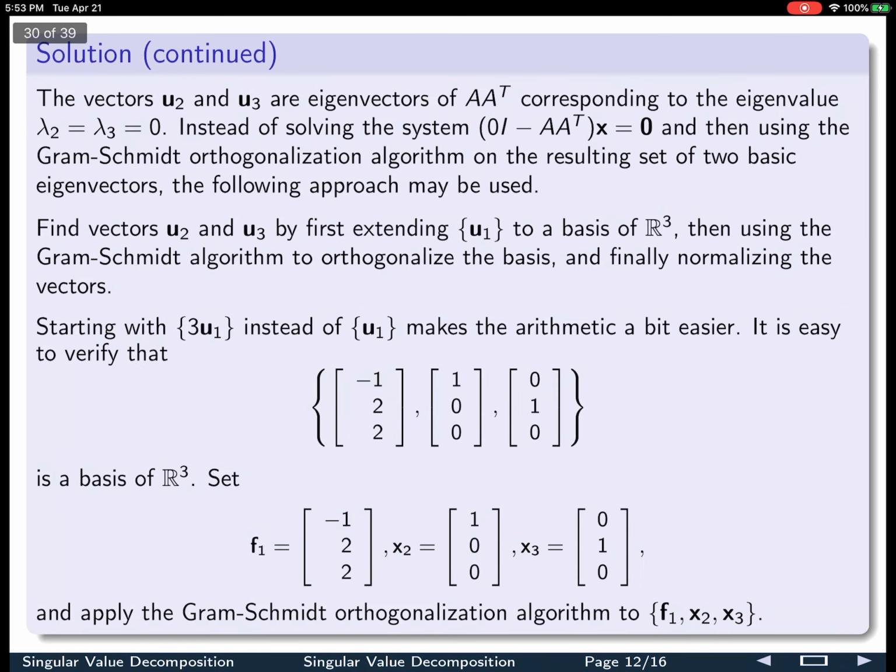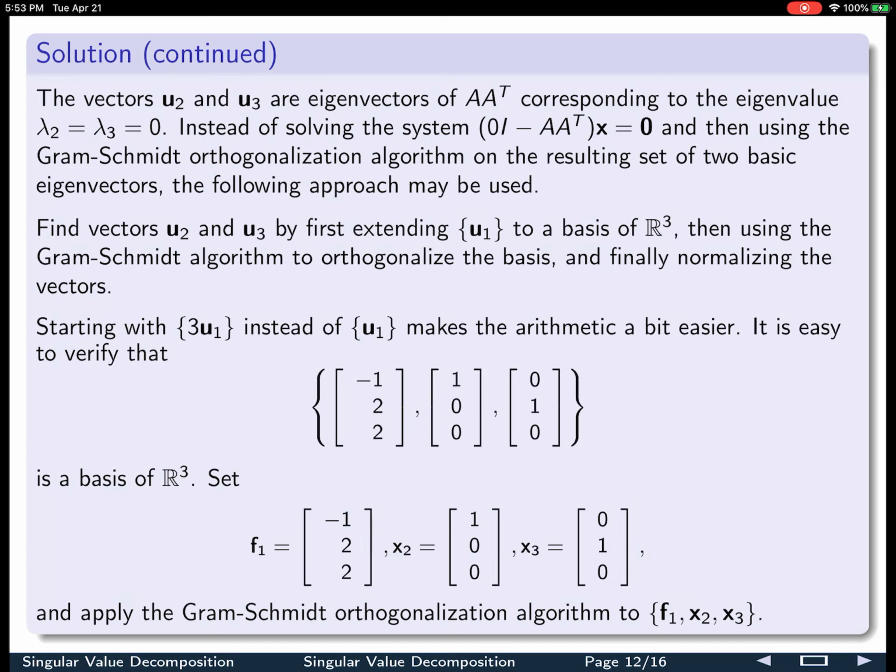And this kind of shows you that once you find the eigenvector corresponding to 3, when you're looking at AA transpose, you could solve the system like you normally do, and that's what I would suggest.